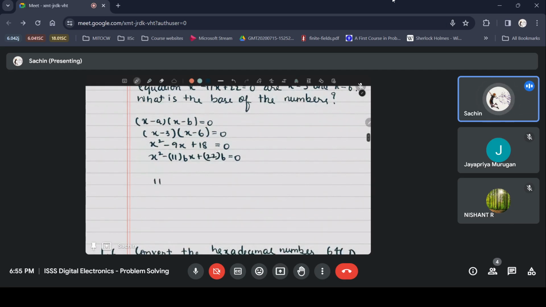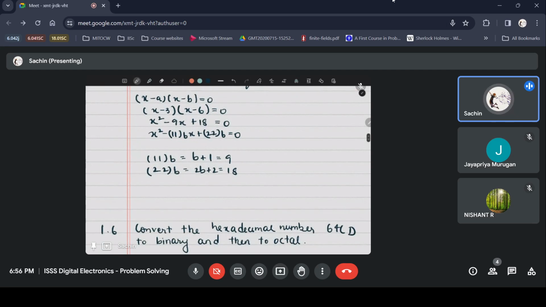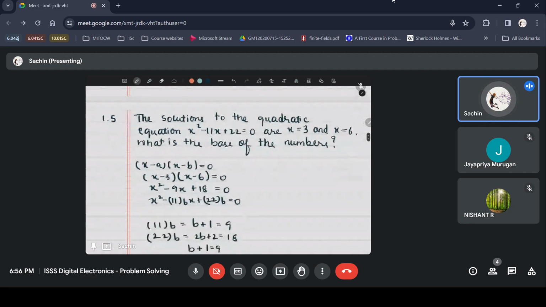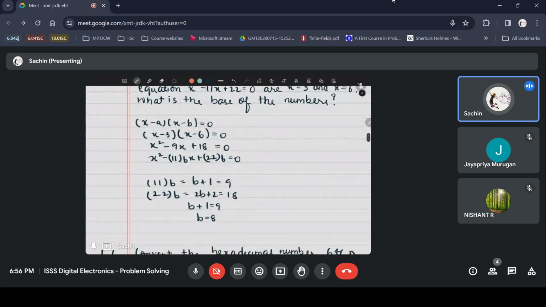So 11 base b, which is b plus 1, is equal to 9. 22 in base b, which is 2b plus 2, is 18. You solve this system of equations, you subtract the first equation from the second, you get b plus 1 is 9 or b is 8. So the quadratic equation had coefficients in base 8.